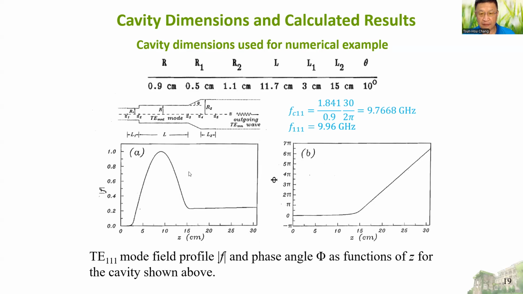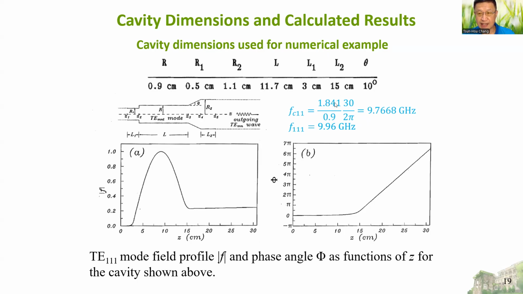Okay? And for this case, we also obtain the resonance frequency. For the cutoff TE11, the cutoff frequency should be here. Radius 0.9 is here, 0.9 centimeter.